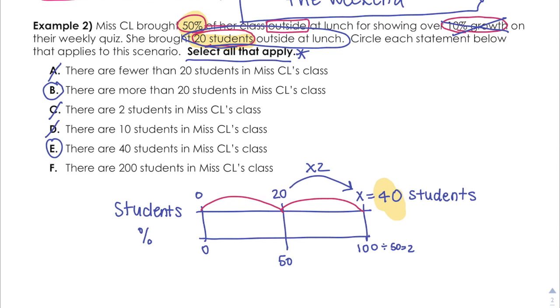Last but not least, F, there are 200 students in Miss Ciel's class. That's obviously incorrect. Sometimes you got to look at these answers, guys, and see, do these answer choices even make sense? I could have immediately eliminated C, D, and F right off the bat simply because of those numbers, 2 students, 10 students, and 200. That obviously does not make sense.